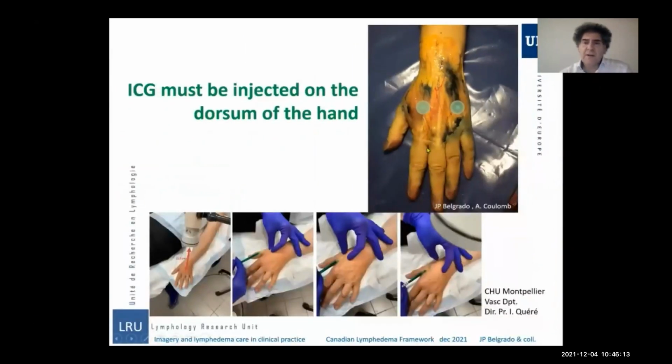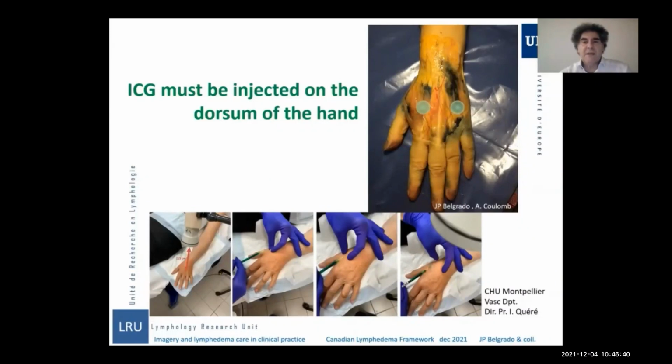It's also important to inject at this point and not in the interdigital spaces in order to limit the push of the dyes towards the palm of the hand. Now, why is this important? Because within the framework of the lymphofluoroscopy examination, it's really interesting and important to detect where there's a lymphatic insufficiency of the upper arm.